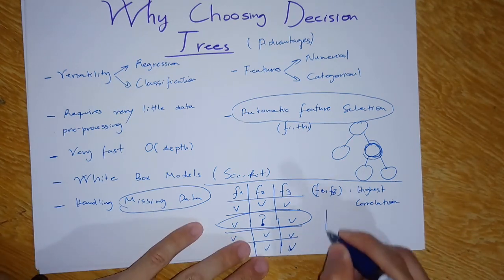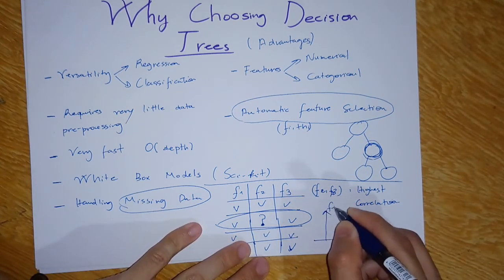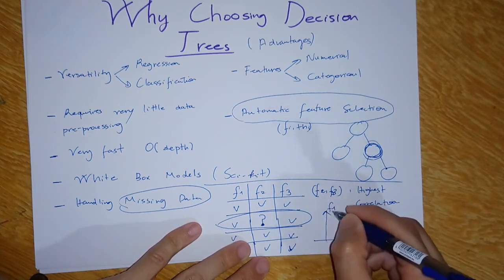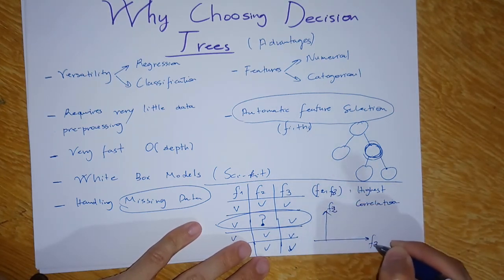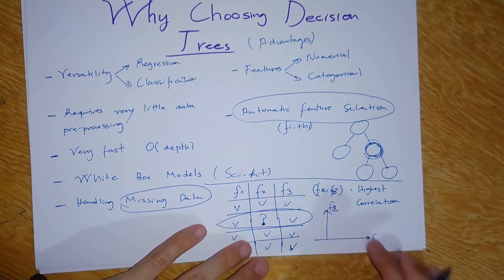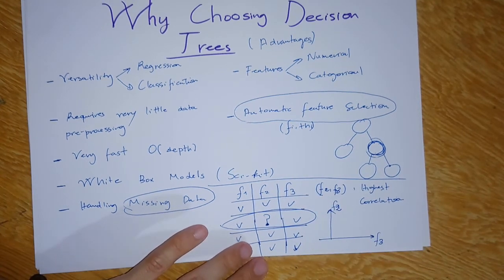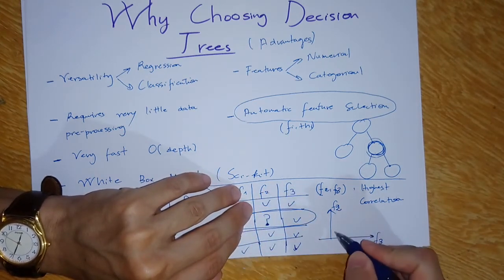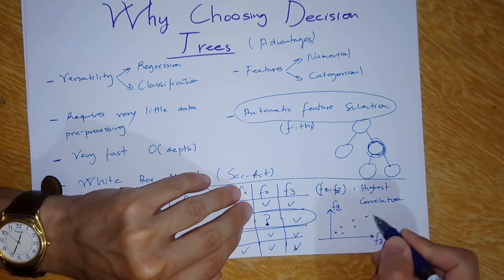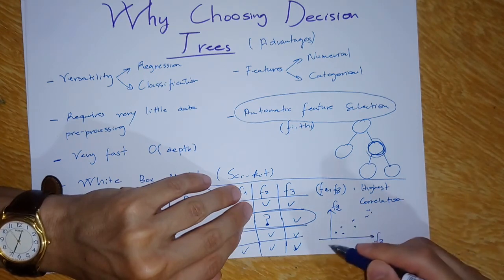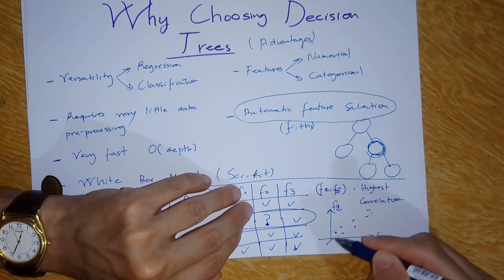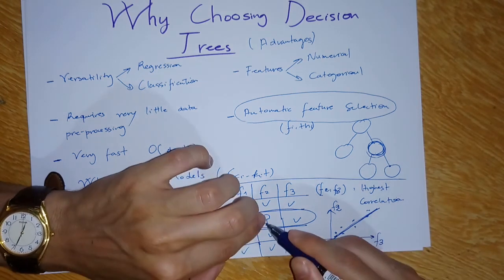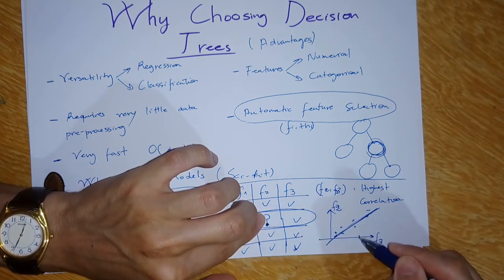Otherwise, a better approach is to build a linear model. For example, I can say, well, this is feature 2 and this is feature 3 because they are the two features that have the highest correlation. And then I can take all of this data here and plot it and then work out a regression model, for example, a linear regression model, and then say that this missing value is here.